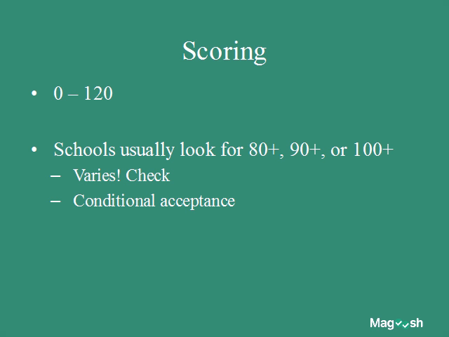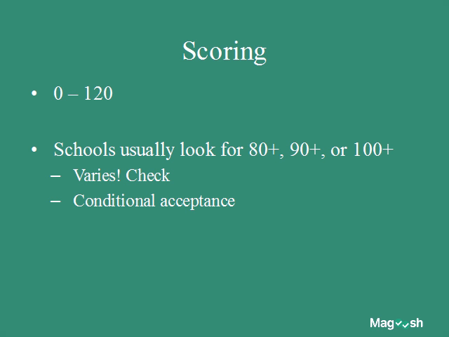You can also get conditional acceptance. That means, for example, if a school requires 80 points or 90 points, but you only score 70, it is possible at some schools that you could still be accepted with a conditional acceptance. That condition is usually that you take an extra course, that you study English in your first year at the university in order to meet the English requirement.